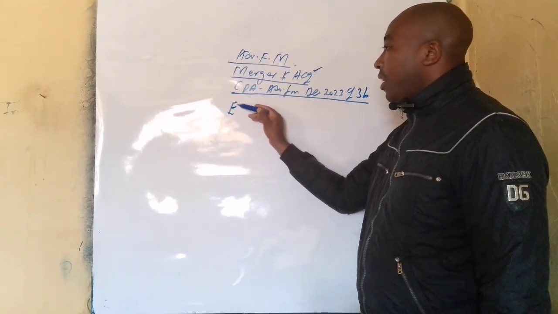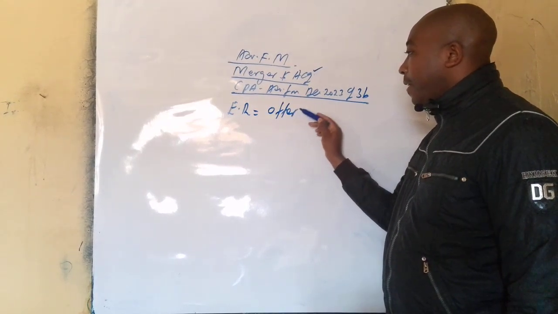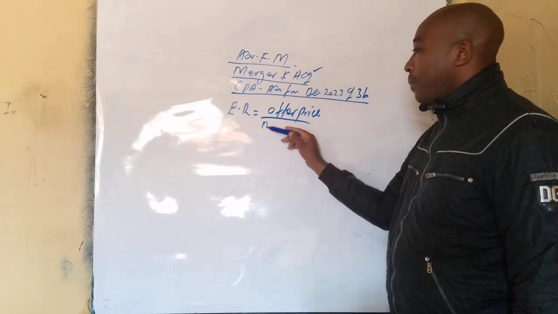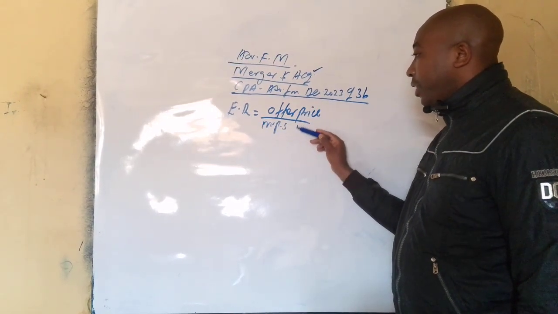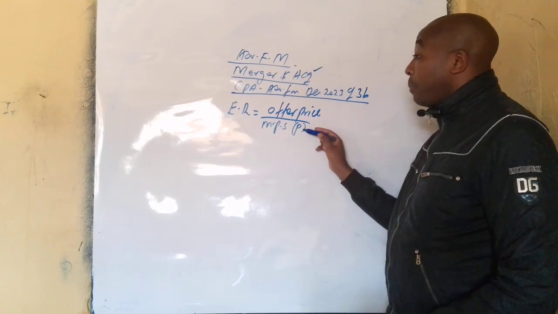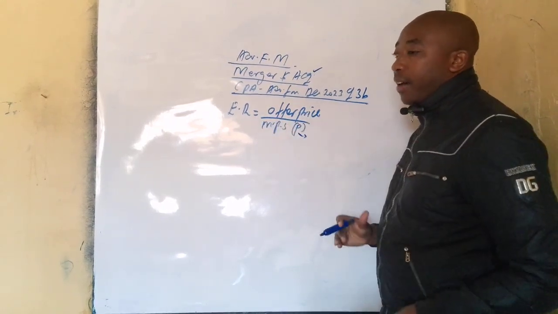So when we talk of the exchange ratio, the formula is offer price over the market price per share of Predator. And we said Predator is that company that wants to acquire the other company.